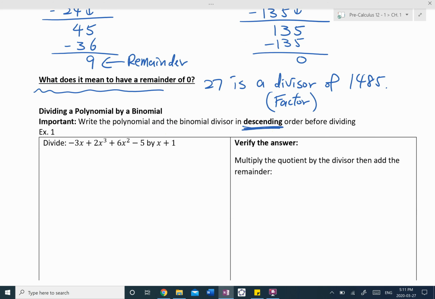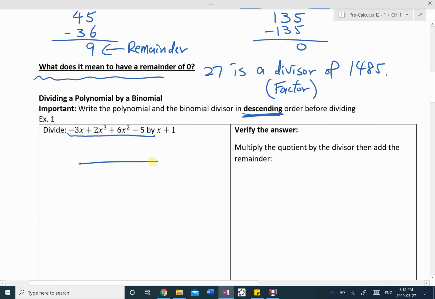We want to divide negative 3x plus 2x cubed plus 6x squared minus 5 by x plus 1. Notice how this dividend is not written in descending order. So we need to change that first, which means we write 2x cubed first, followed by 6x squared minus 3x, and then minus 5. And the divisor is x plus 1.